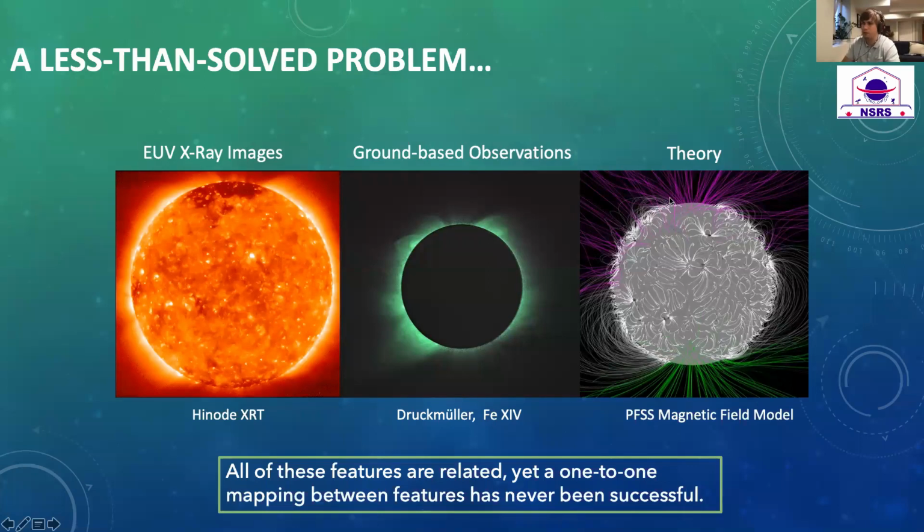Purple, I think, is positive, green is negative, and white is connected back down to the surface of the sun, so both positive and negative. So all three of these features are related together. They all have similarities, and they all have similar origins, but exactly that recipe is still to be determined.